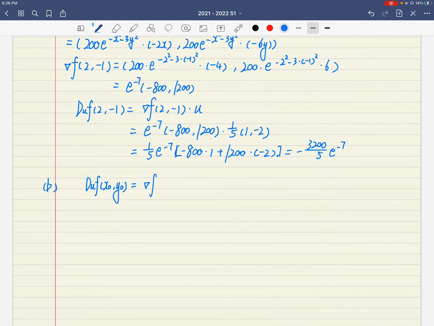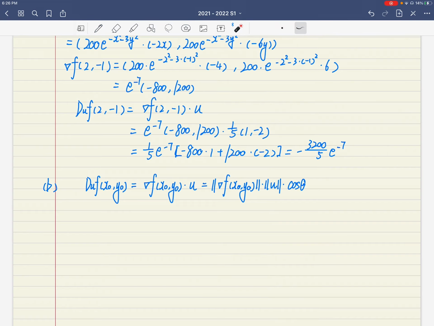It's going to be the gradient vector at that point, dot product, the unit vector of the direction. Then the dot product is going to be the length of the first vector times the length of the second vector times the cosine theta, where theta is the angle between these two vectors.